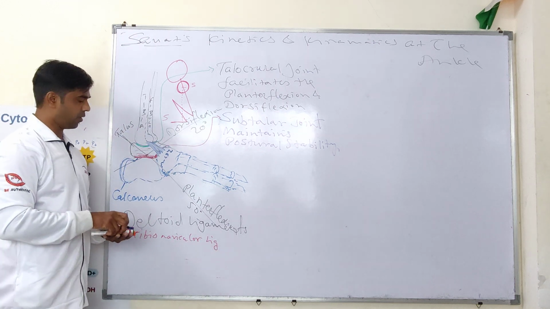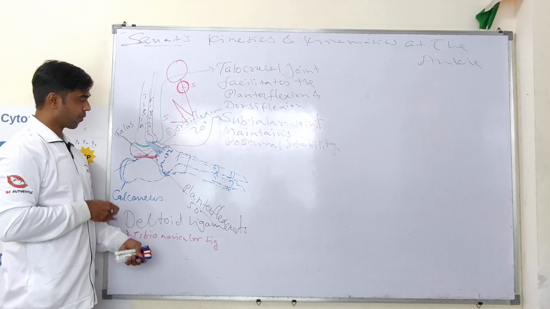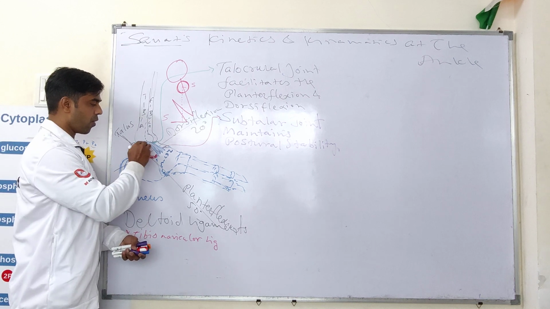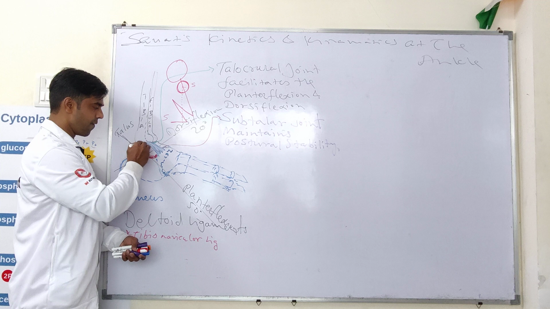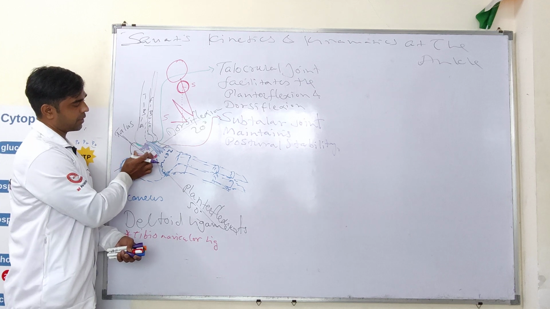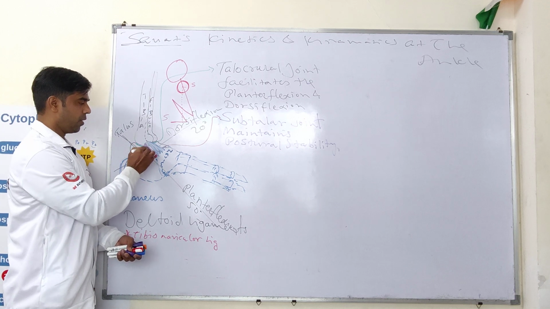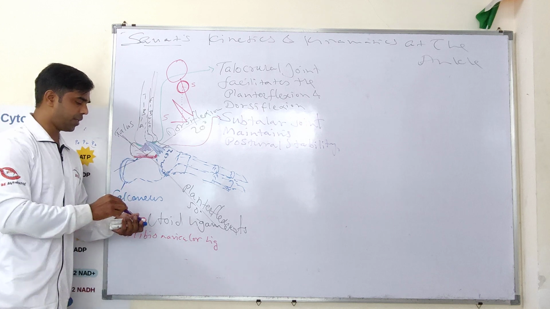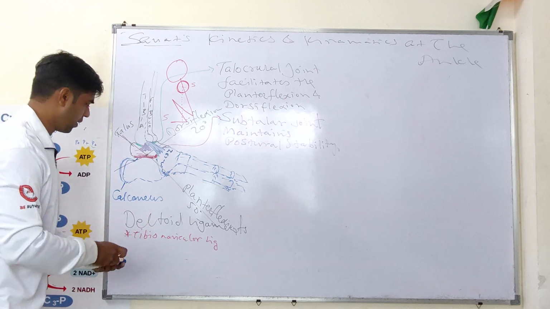The fibers oriented from the tibia onto the talus bone are called the tibio-talar ligament.